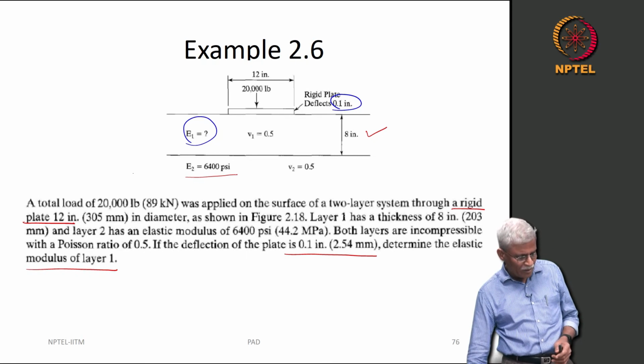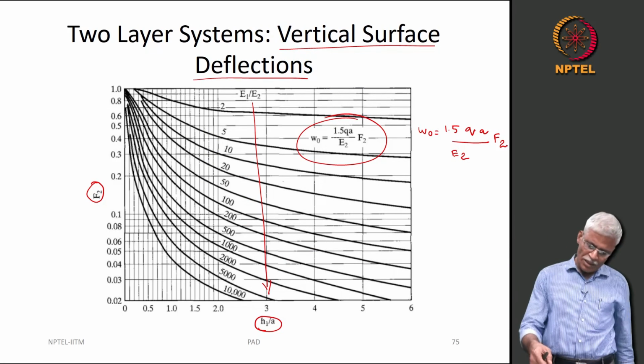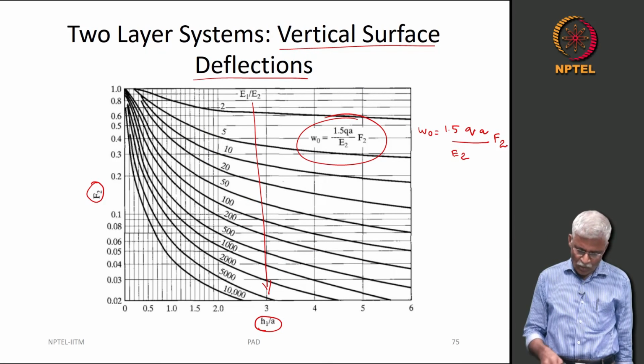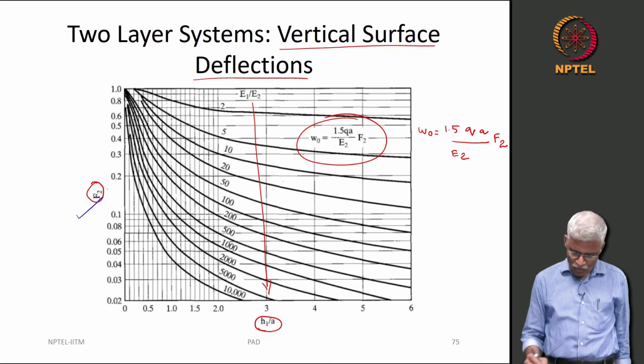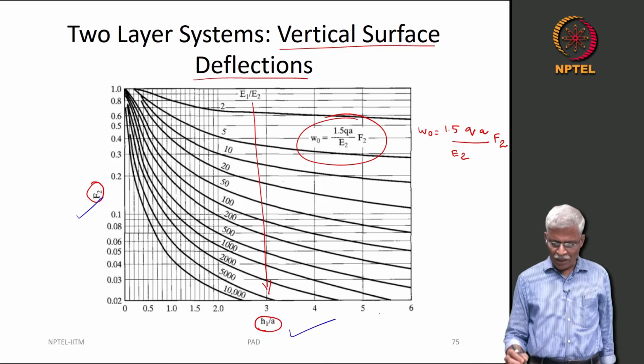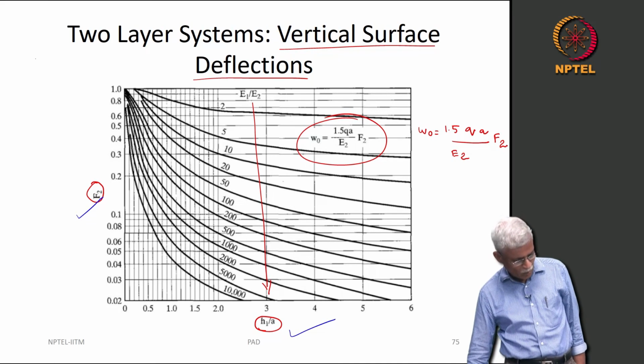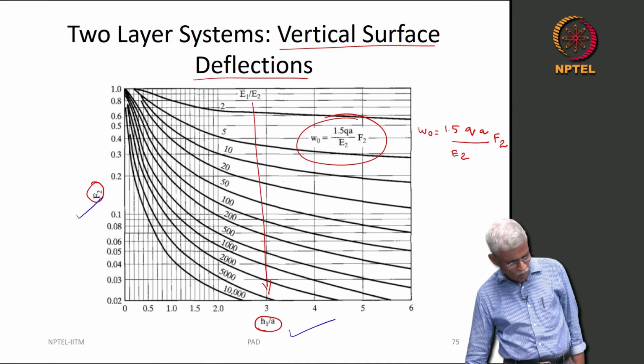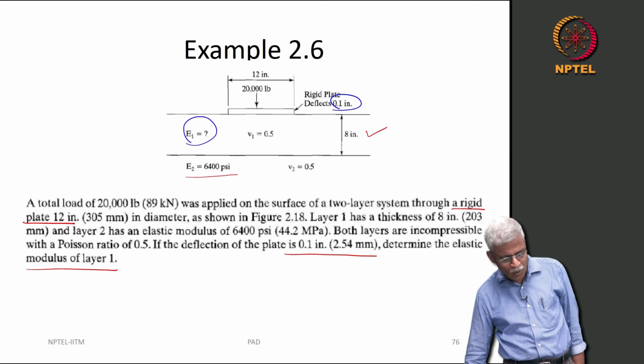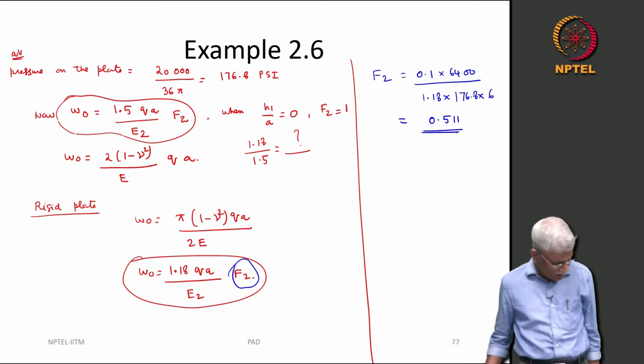So, let us go back to the chart and take a look at it. What is that you see here? You see E1 by E2. Now, you know F2, you know H1 by A, you need to find out the appropriate E1 by E2, and since you know E2, you can find out what is E1.